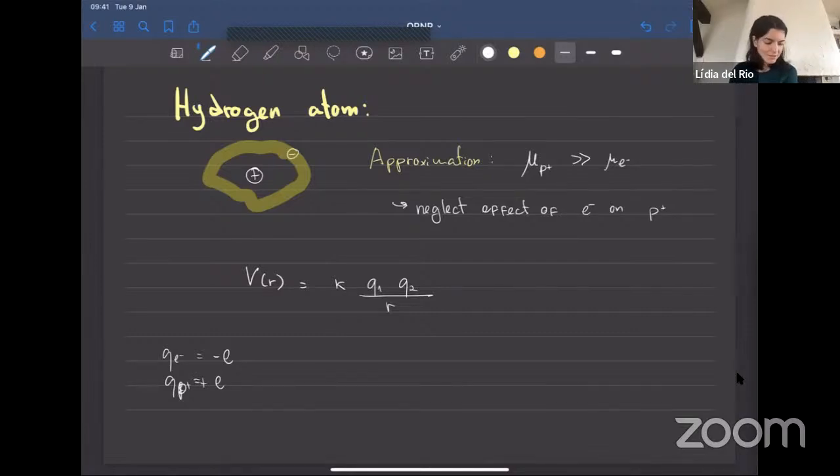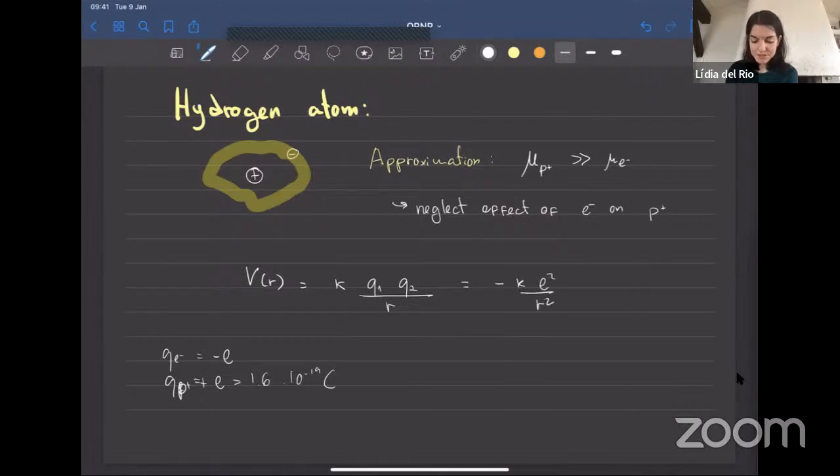So this is a number that is 1.6 times 10 to the minus 19 coulombs, which is just the international system unit. So what matters is that they have different signs. So this is minus k e squared over r.